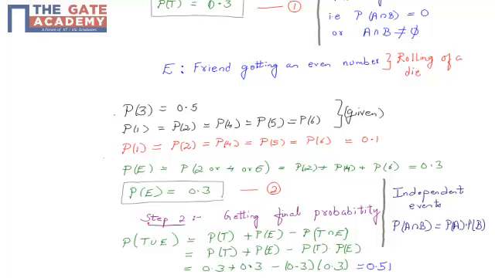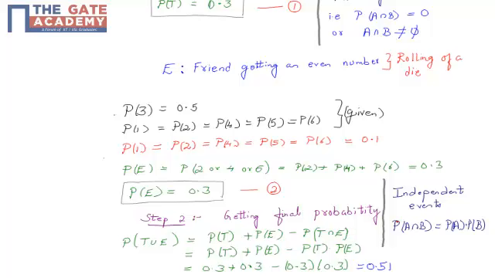Once we are done with this, we would move to step 2, that is getting our final probability. So our final probability would be either you are getting tail or your friend is getting an even number. So P of T union E is equal to P of T plus P of E minus P of T intersection E. And we are given that T and E, both of these events, are independent.